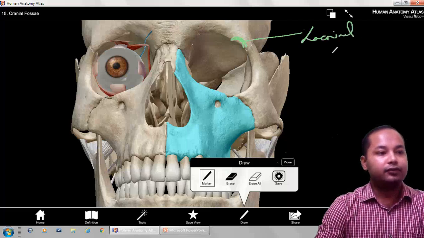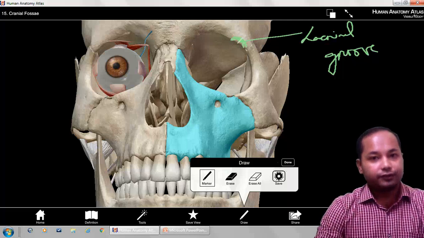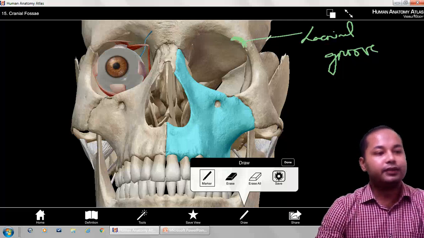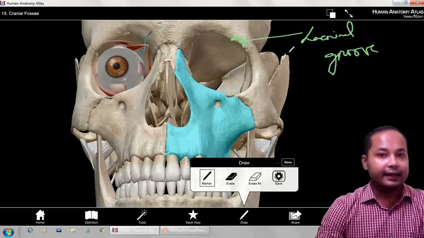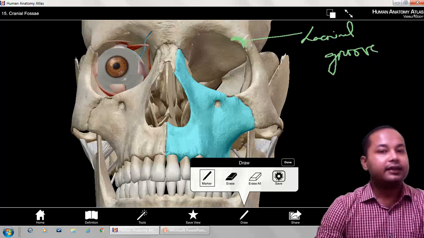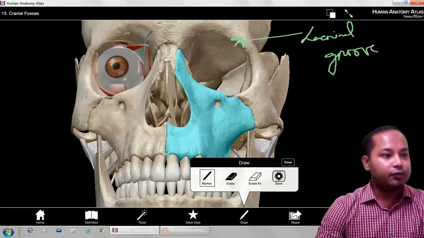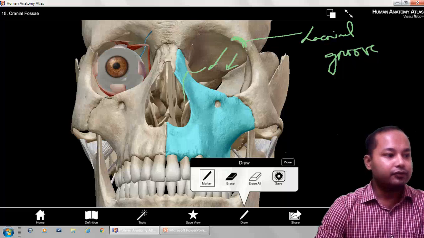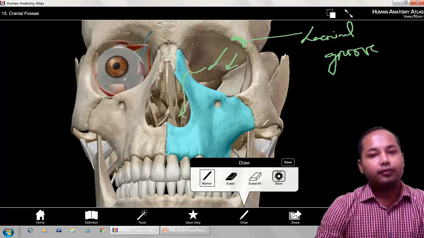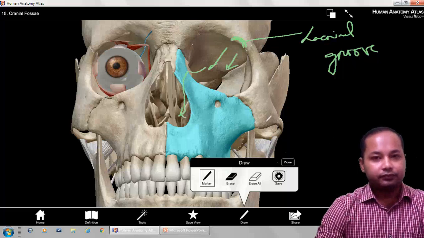In this lacrimal groove there is a space for the lodgement of the lacrimal gland. The lacrimal gland releases its secretions, and they go across the surface of the eyeball to finally come out through the nasolacrimal duct to the inferiormost meatus, that is the inferior meatus.